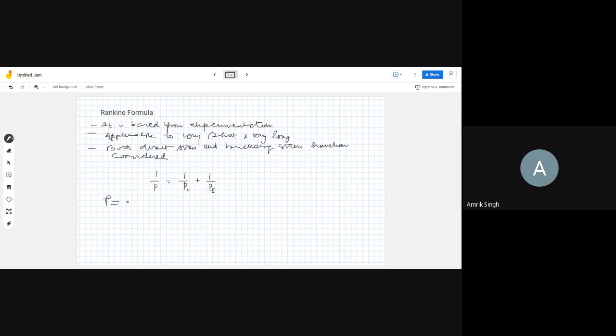I think I should write using the text box. P is equal to crippling load, and PC is equal to the compressive or the crushing load.